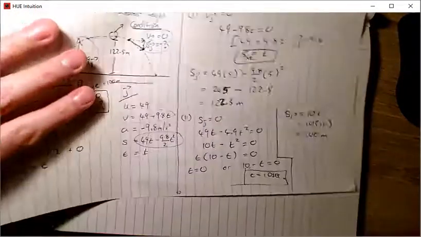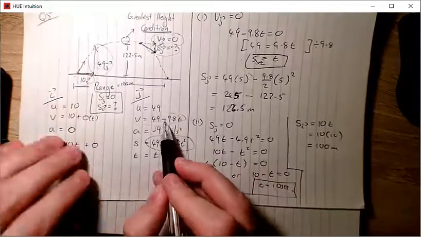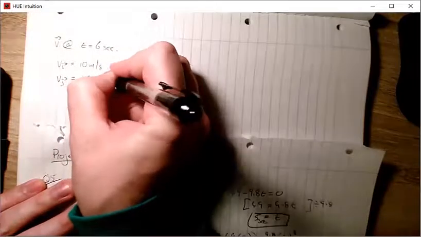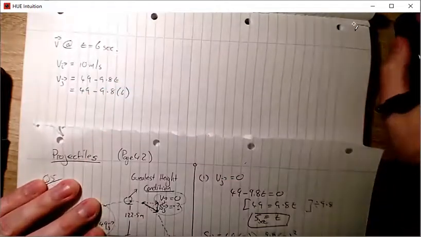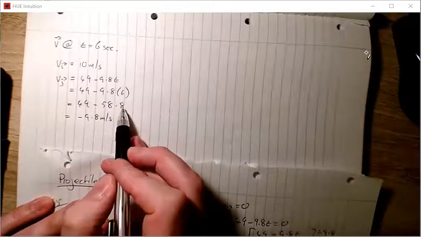The velocity in the j direction is 49 minus 9.8t, which for us after 6 seconds is 49 minus 9.8 times 6. 9.8 times 6 is 58.8.